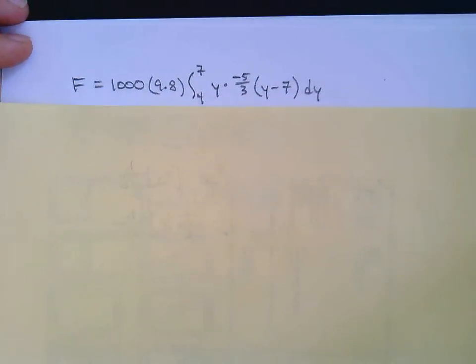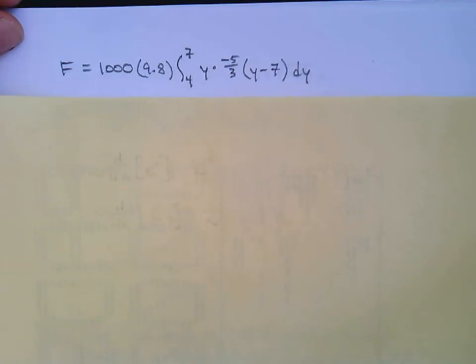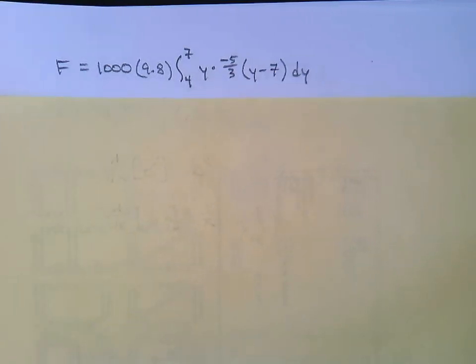So a lot of work and a lot of thinking just to get the integral. That makes sense. That's what's new about this material and the application, just setting it up. Now let's see, can we execute?